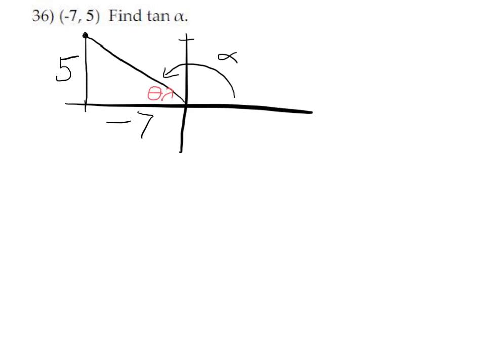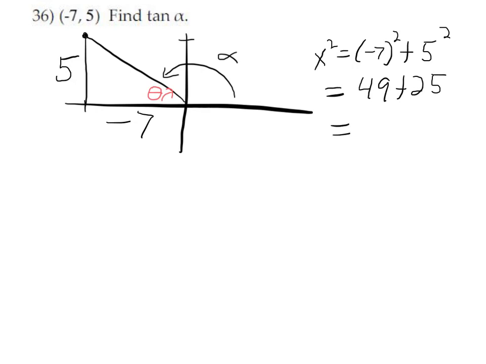Now why I would label this one -7 is because it's left. This is +5 because it's up. And the hypotenuse will always be positive. Working out the hypotenuse, we have x squared equals -7 squared plus 5 squared. That is 49 plus 25, which is 74.